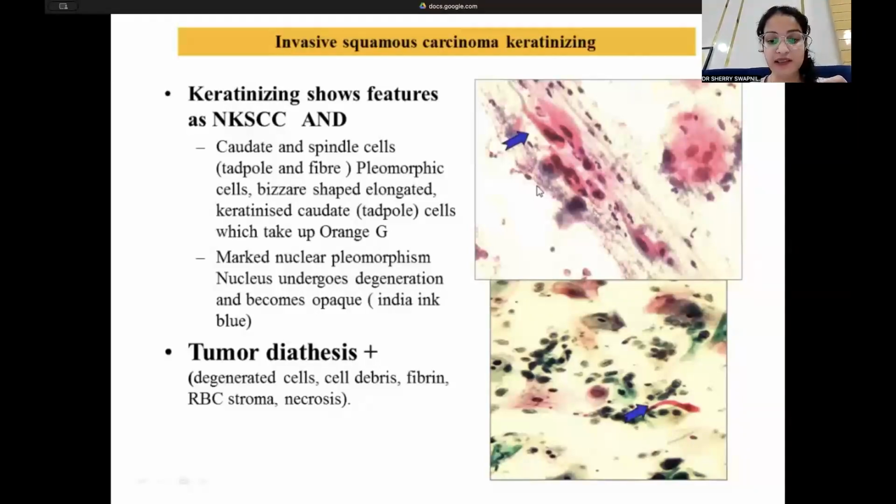These are pleomorphic, bizarre cells with bizarre-shaped elongated keratinized tails, showing marked nuclear pleomorphism and hyperchromasia. If you see tadpole-like cells associated with tumor diathesis, which includes degenerated cells, cell debris, fibrin, stroma and necrosis, you should suspect keratinizing invasive squamous cell carcinoma. Next slide, please.